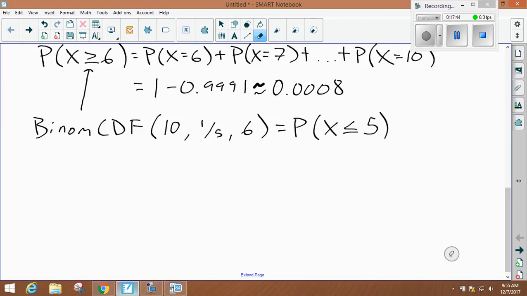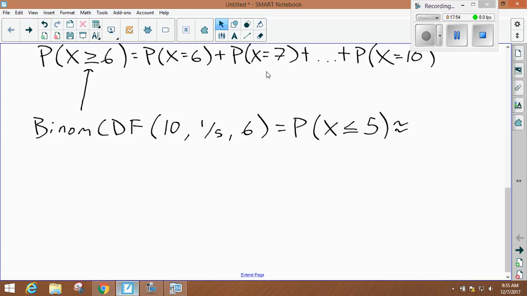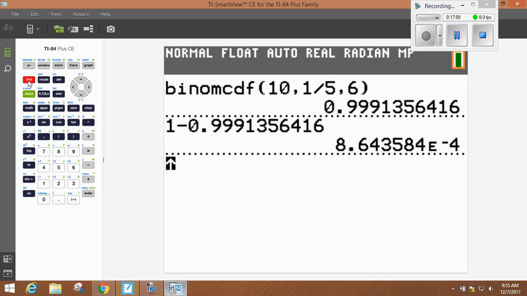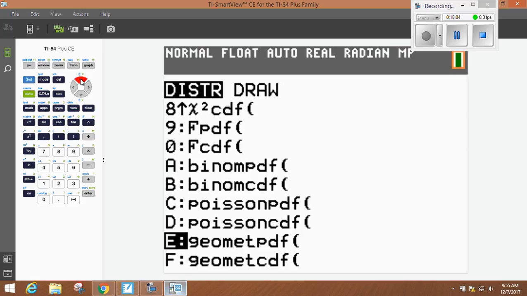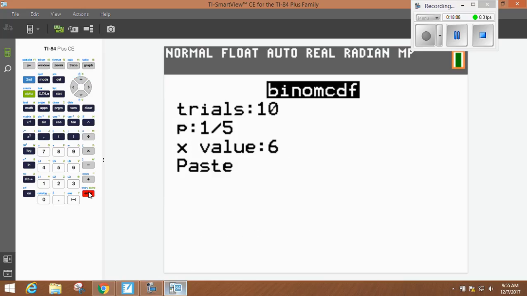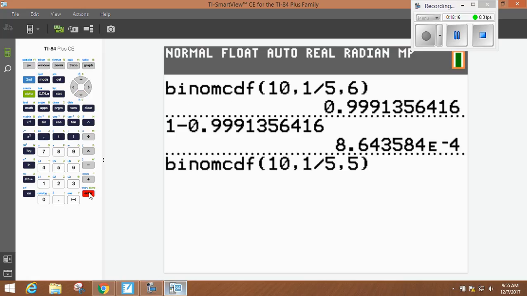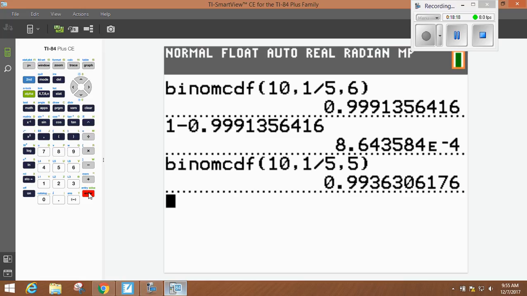So we need to recalculate this distribution. Guys, I made a mistake, just so you know. It should be 5. Mark it in your notes.